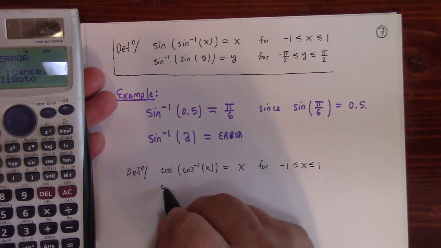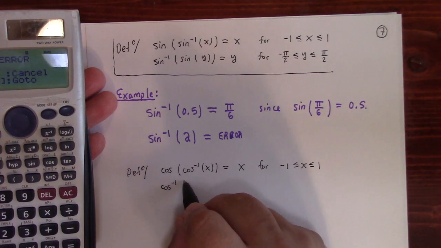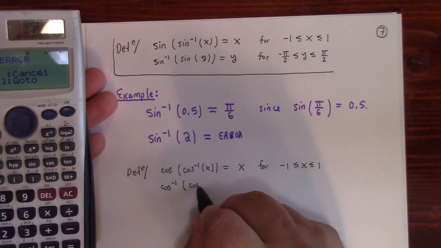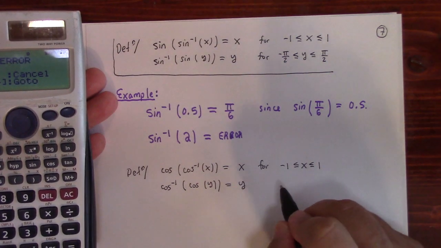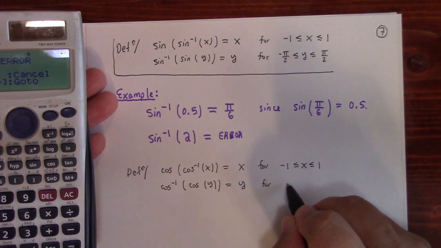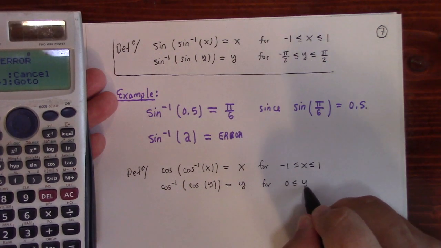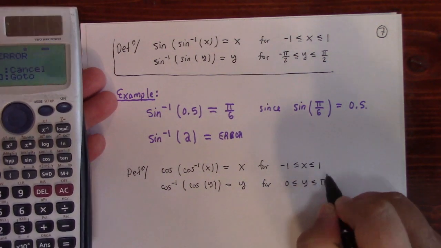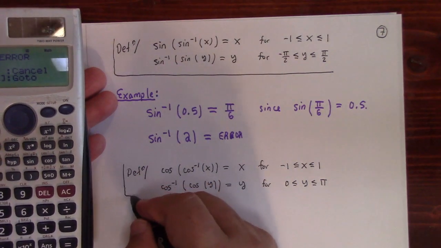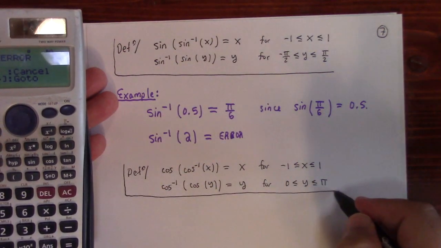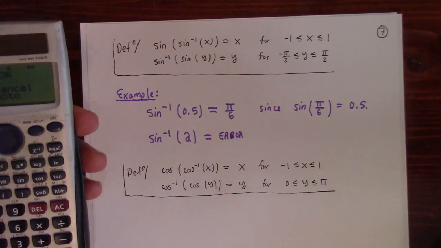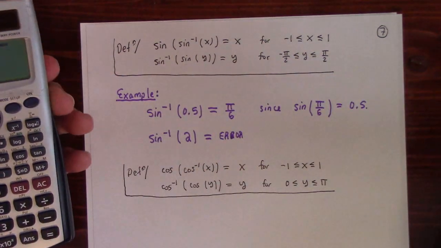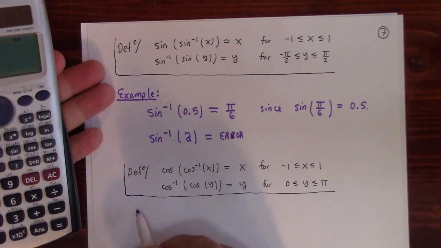On the other hand, inverse cosine of cosine of y, well, that's going to equal y for 0 less than or equal to y less than or equal to pi. That's the definition of inverse cosine. So inverse cosine is always going to give you back answers from 0 to pi, right? So like, let's look at an example.